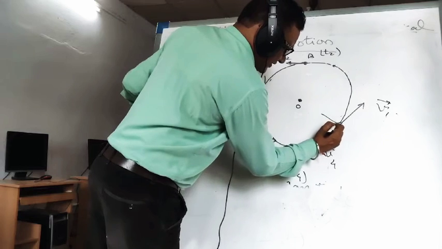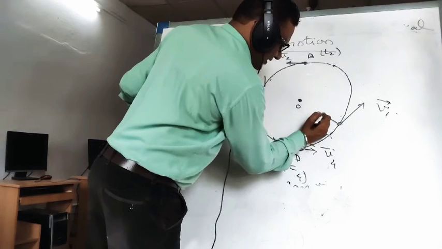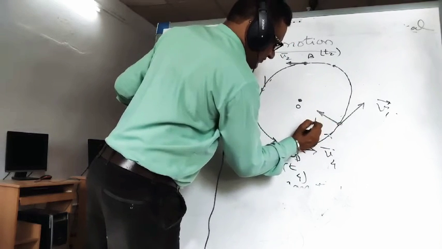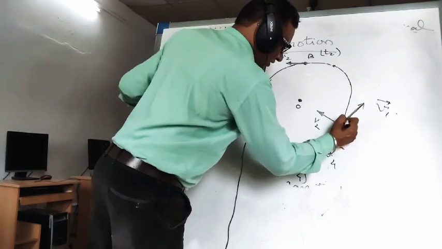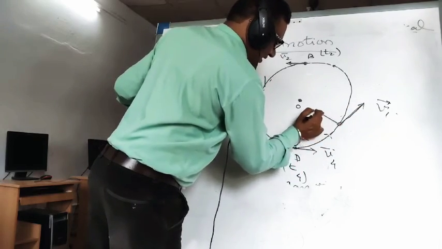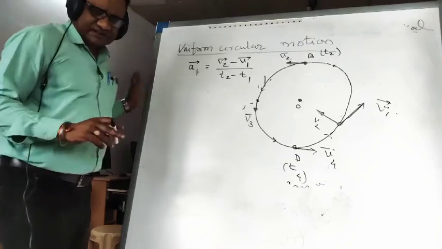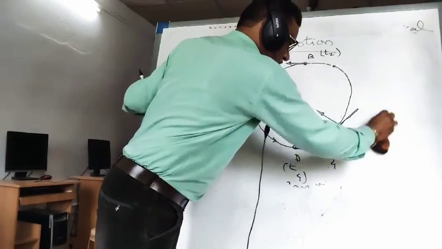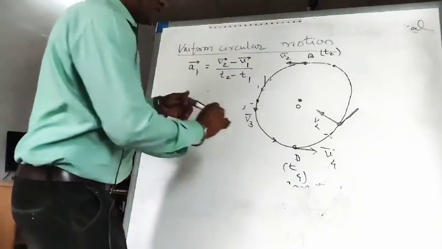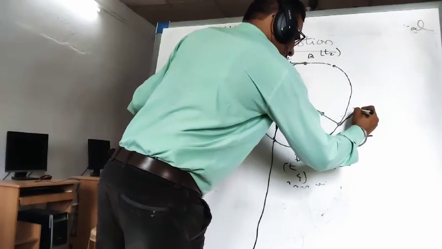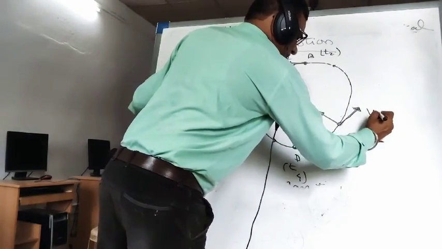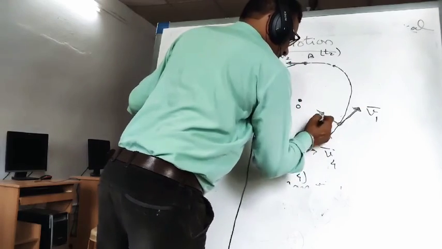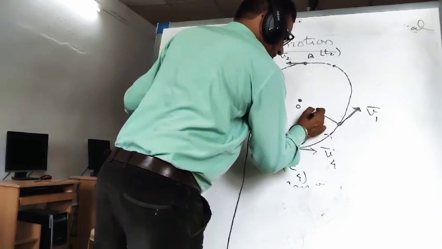This is another velocity vector, the second velocity vector v2. Look at that, the length of both the vectors is equal. Keep the length in mind, because in uniform circular motion, the magnitude of velocity is the same. v1 and v2 are the same.